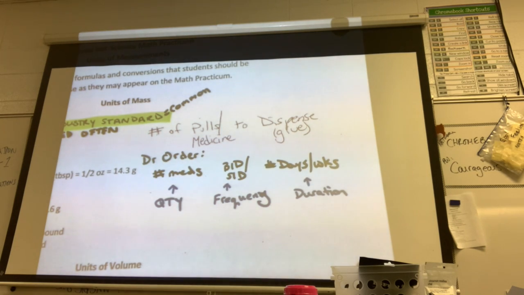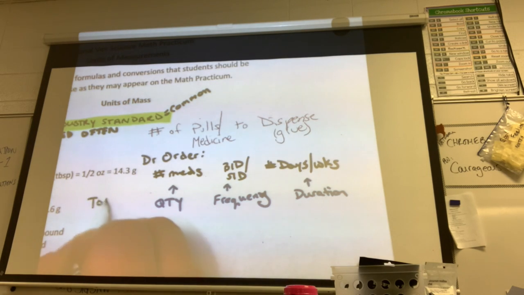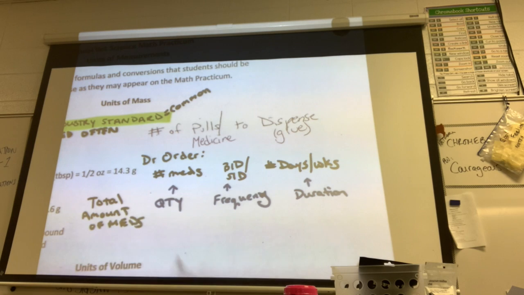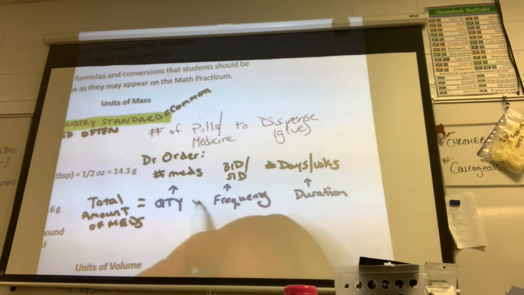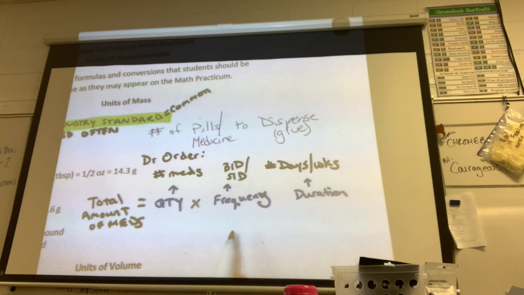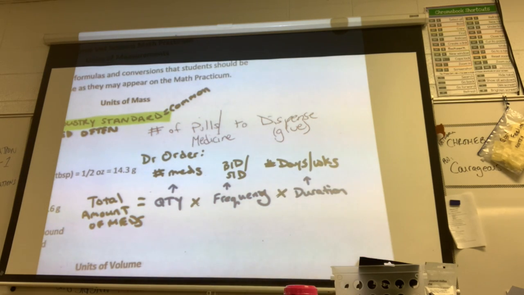And then to find the total number of pills, or the total of medication, so to find the total amount of meds, it's going to equal the quantity times the frequency times the duration.